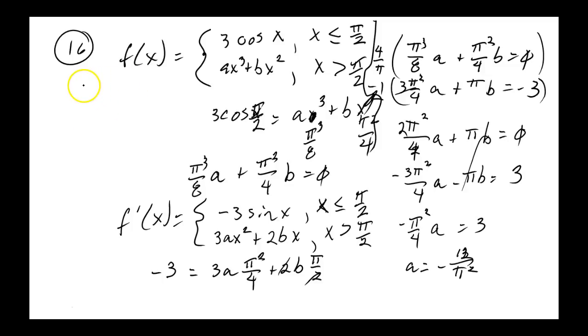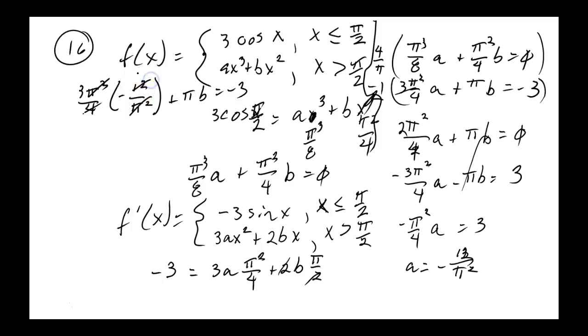So it's 3 pi squared over 4 times negative 12 over pi squared plus pi b equals negative 3. And here the pi squareds go out.